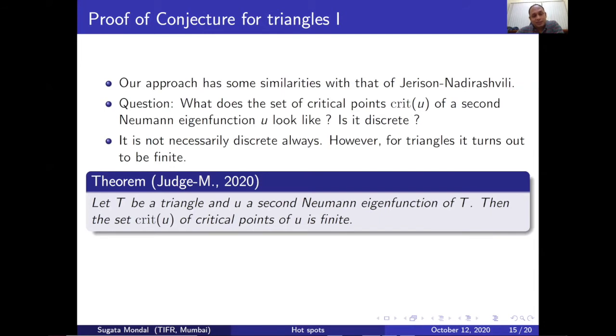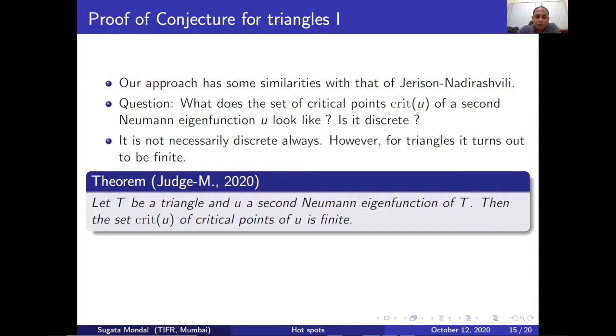Well, it is not always true that the critical set of an eigenfunction is discrete, and this can be seen easily from the second example that I gave. If you recall, for the square, the second Neumann eigenspace is spanned by cosine pi x and cosine pi y. If you take cosine pi x, the set of critical points would include the set x equals 0, for example.